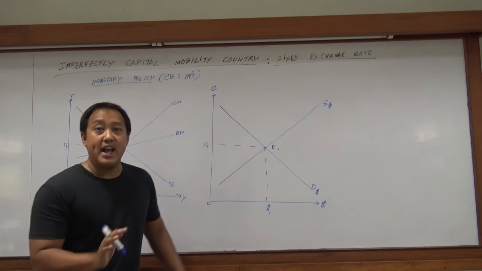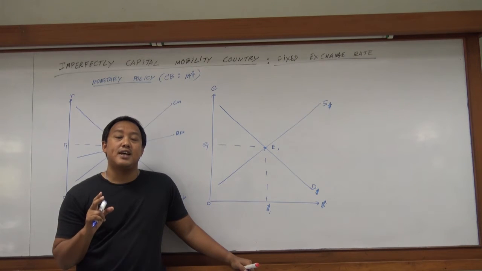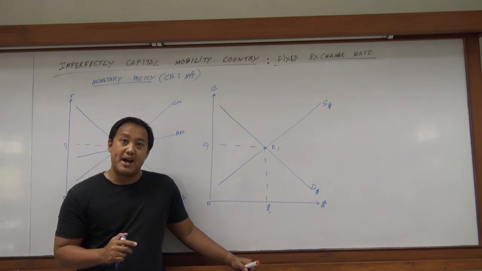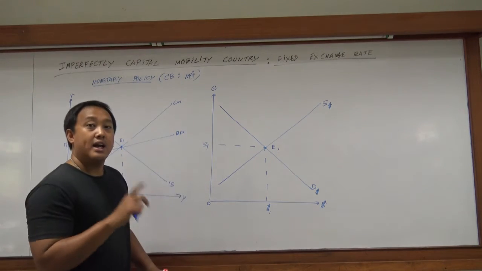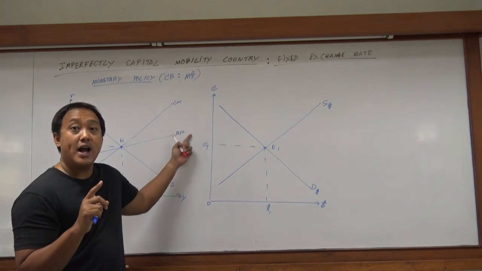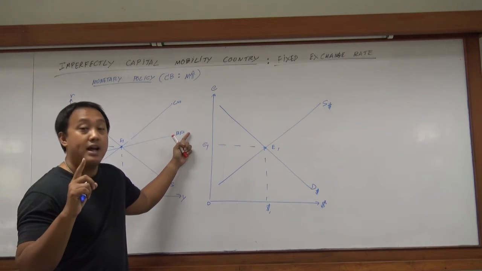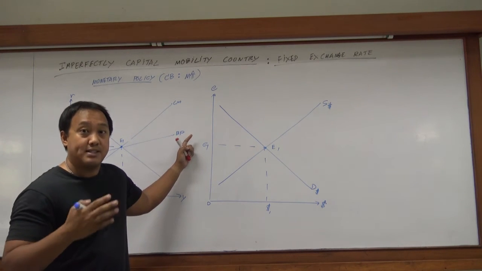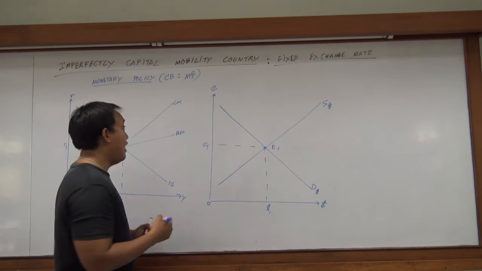Again, this is the nominal exchange rate. The nominal exchange rate is just like the price of money. In this case, it's the price of the US dollar. When the exchange rate goes up, the price of the US dollar becomes higher, so the US dollar becomes more expensive. In this case, we say the US dollar has a stronger value.